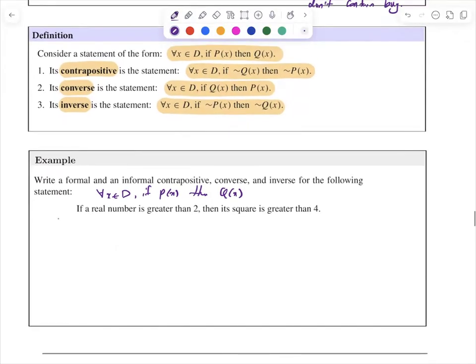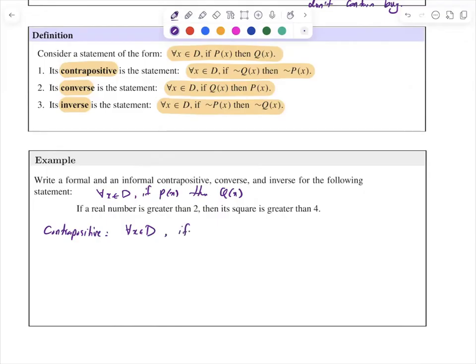So if we were to write down the contrapositive, it doesn't change the universal statement. The universal statement stays as the universal statement. For any x in domain D, if not Q(x), then not P(x). What's the meaning of that? If the square of x is not greater than 4, then the number is not greater than 2. So let me just specify the domain here.